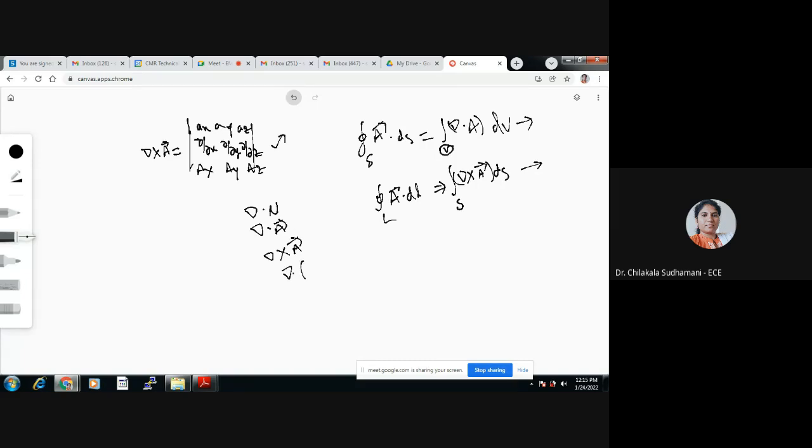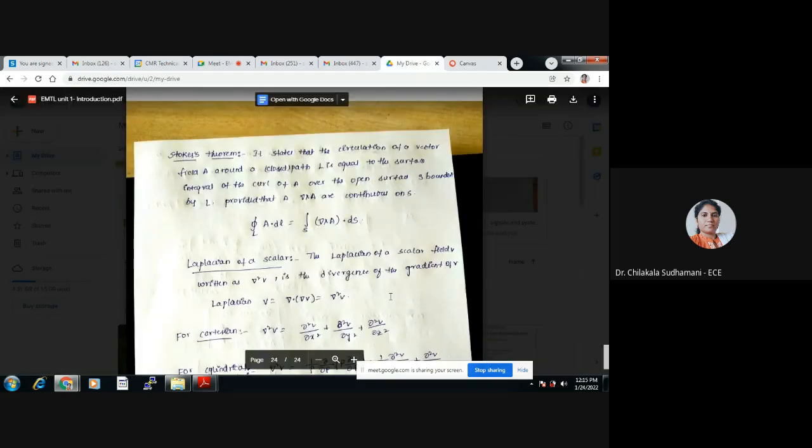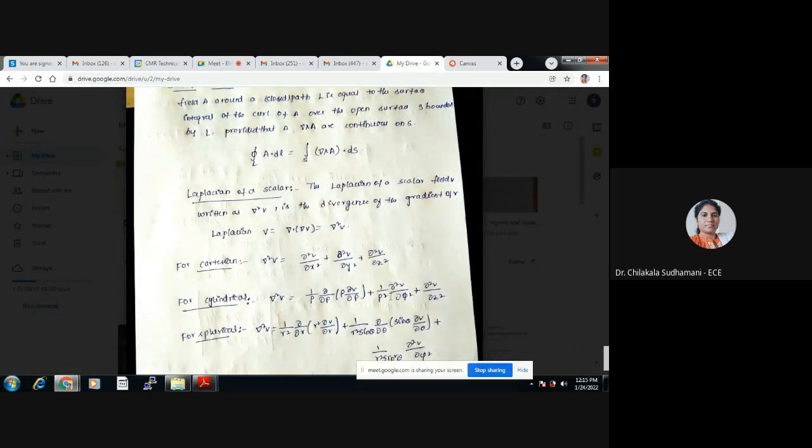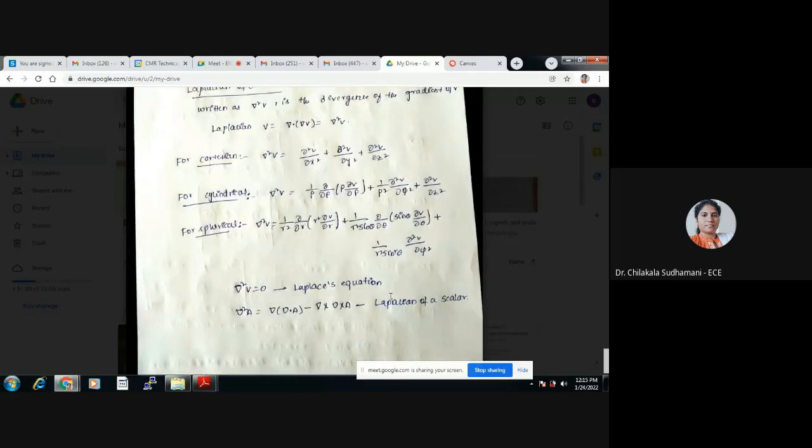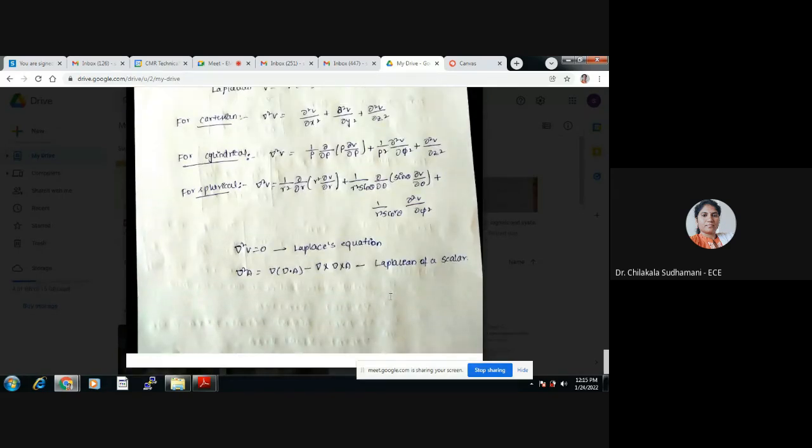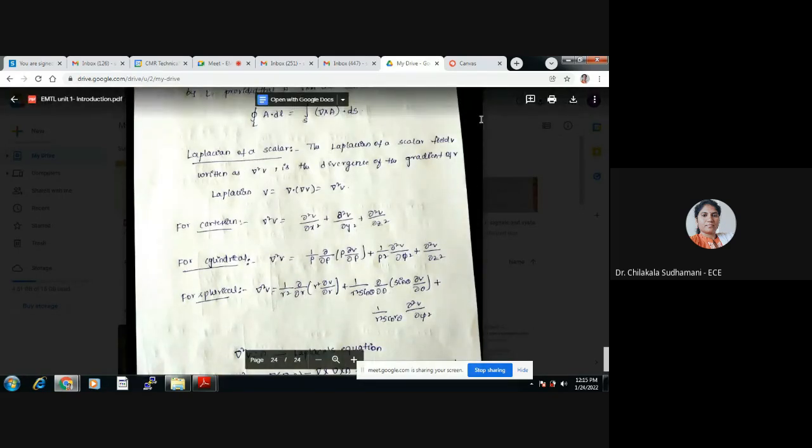Two times of the del operation, del dot del, which is del square of A or del square of V. That is our Laplacian of a scalar. So you can consider the scalar del dot del V is equal to del square V. For the Cartesian, cylindrical and spherical coordinate systems, it is the same. Okay. This is about our introduction part.